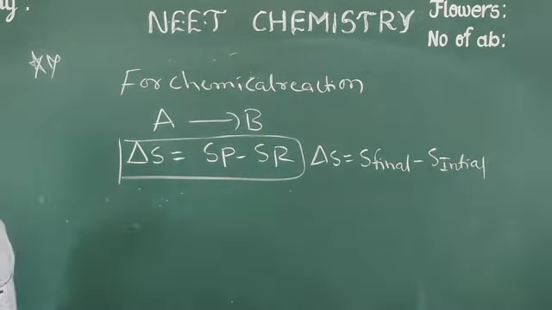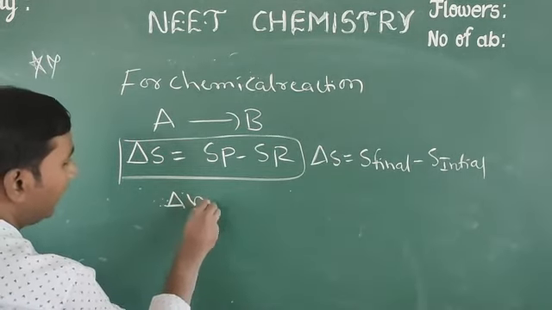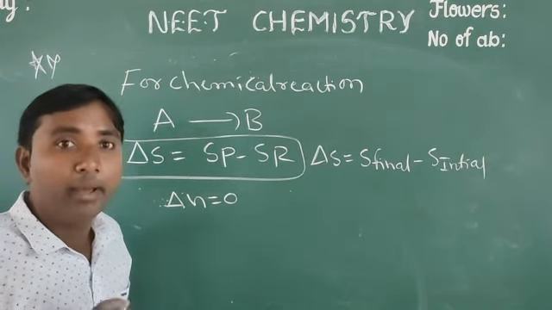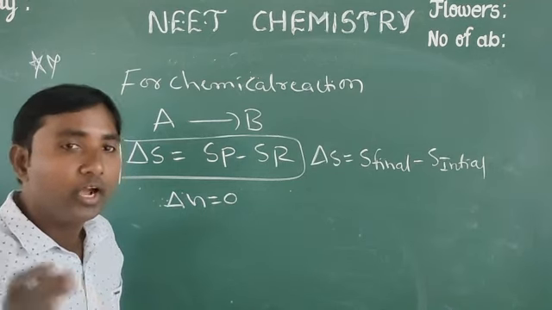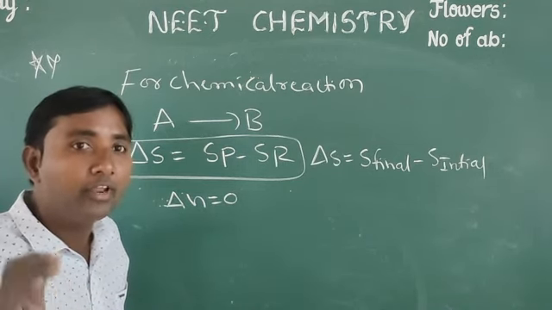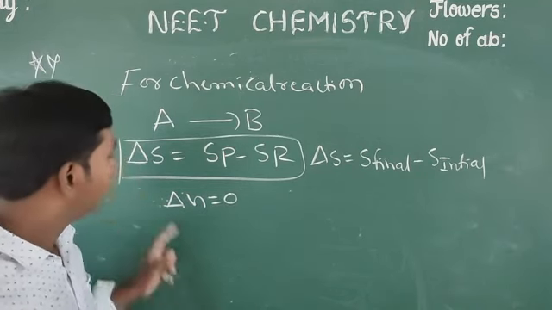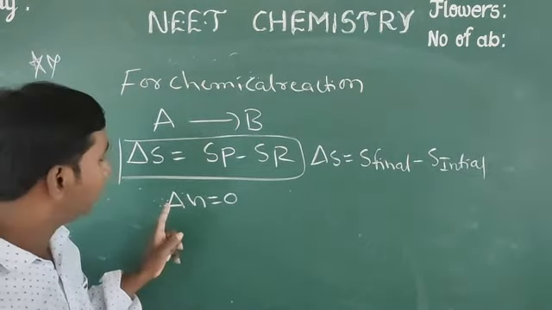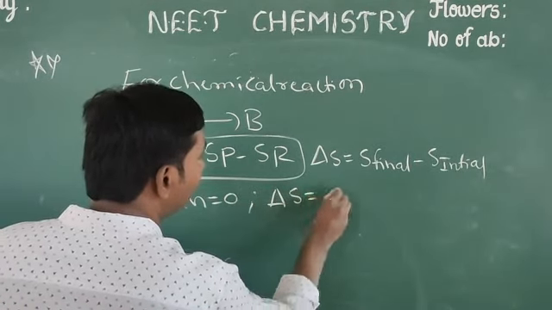Del n means number of moles of product minus number of moles of reactant, as we already discussed in the relation between enthalpy and internal energy: del H equal to del U plus del n RT. If del n equal to 0, entropy change equals 0.